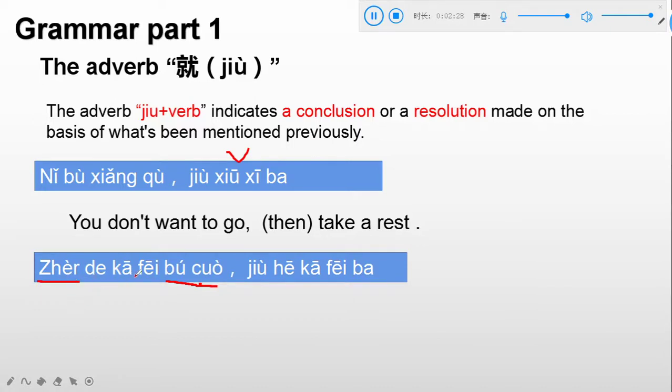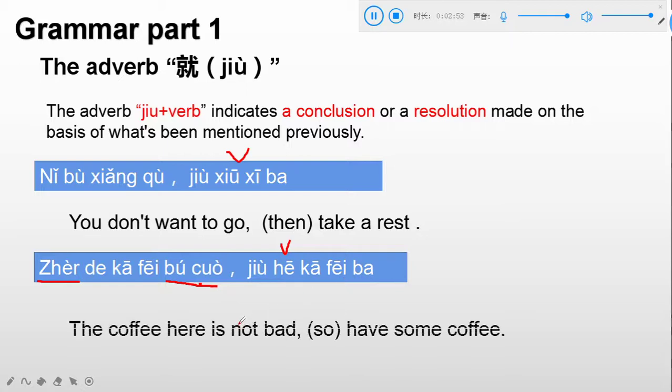So 这儿的咖啡 together means the coffee here. 不错 is pretty good. 就喝咖啡吧。就 is put at the beginning of the second clause. 喝 is to drink. 咖啡 is coffee. See, 就 plus a verb. So, drink coffee. Now let's take a look at the English version. The coffee here is not bad, so have some coffee.